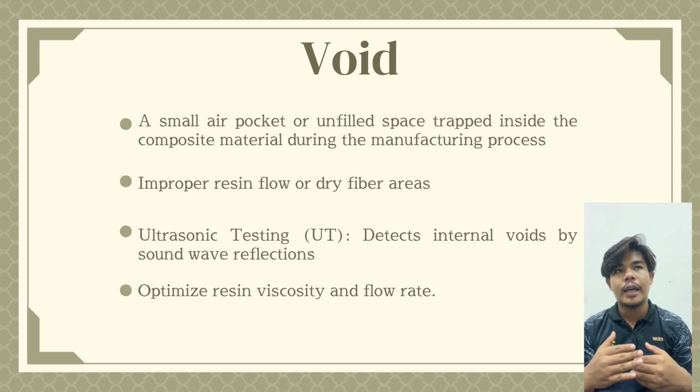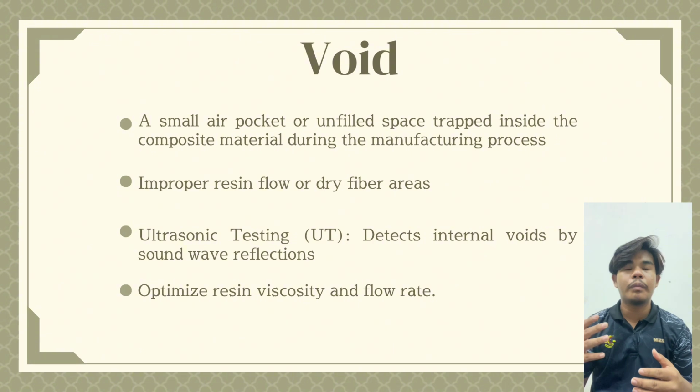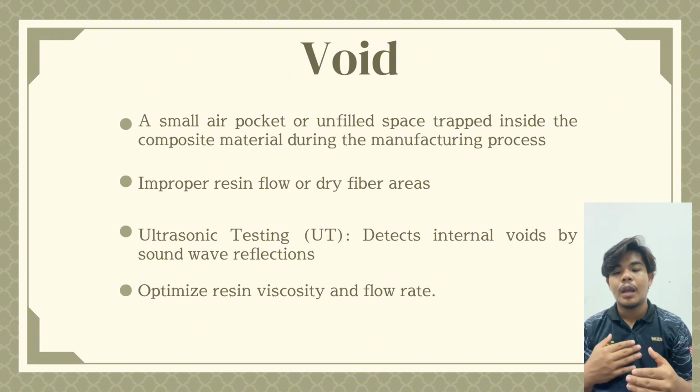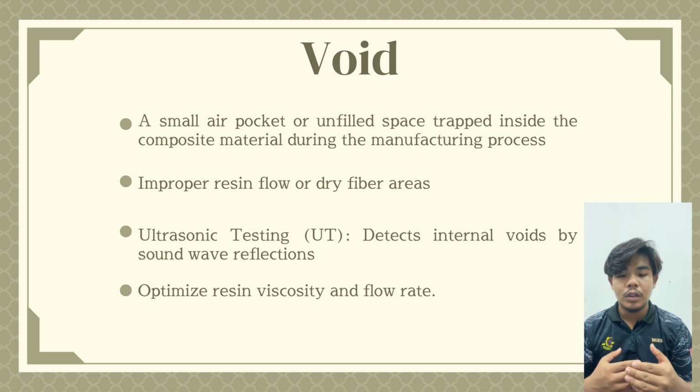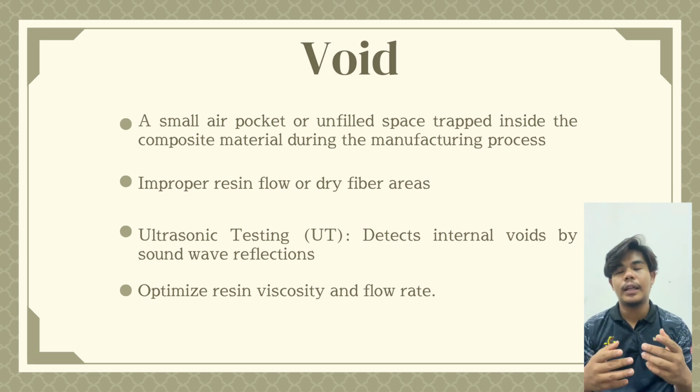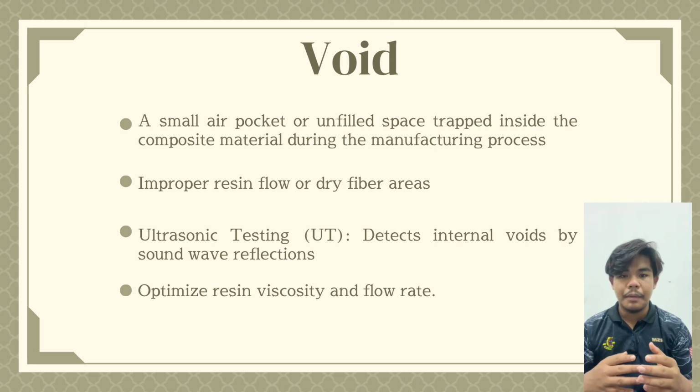How can we optimize the void content? We can optimize resin viscosity and flow rate in the manufacturing process, so the void content in the composite object is less, and we can get no or 0% void content.